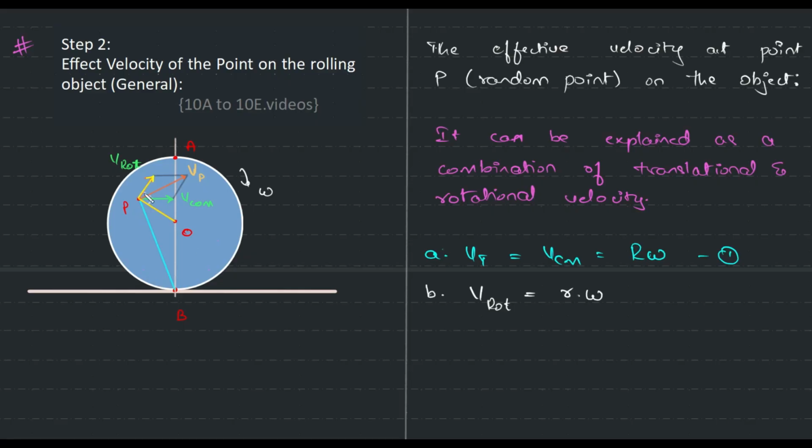Okay, point P is at random radius r. This is where I need to write that small r is the distance of P from the center of mass. Okay, guys. So I'll call this 2.